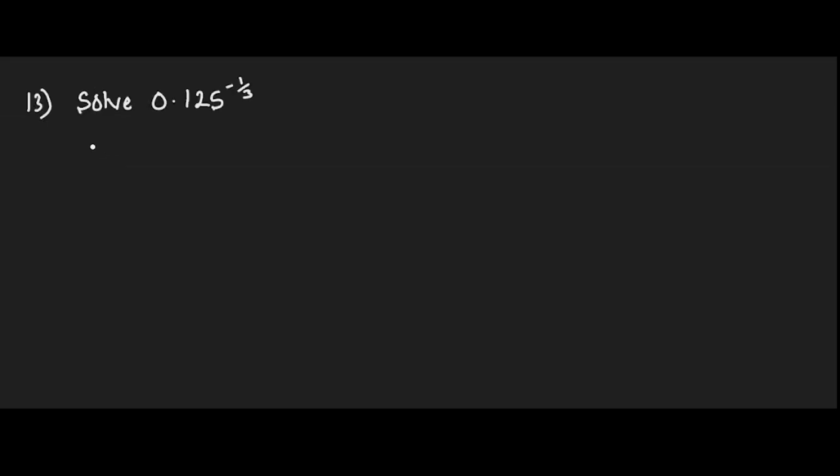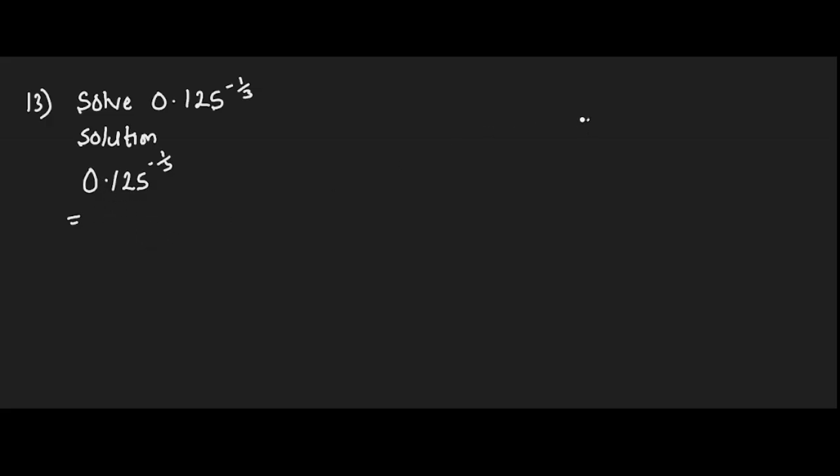A question here, we have solve 0.125 raised to power minus 1 over 3. Solution, we have 0.125 raised to power minus 1 over 3. Now, firstly, what we'll do is we convert this decimal to fraction.